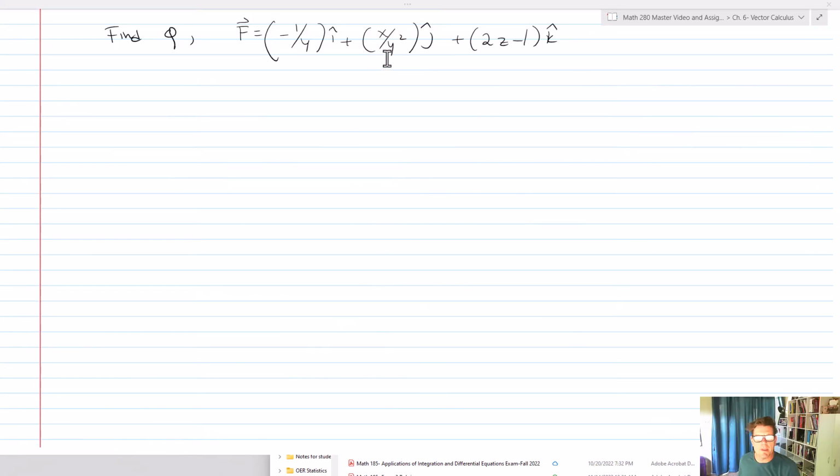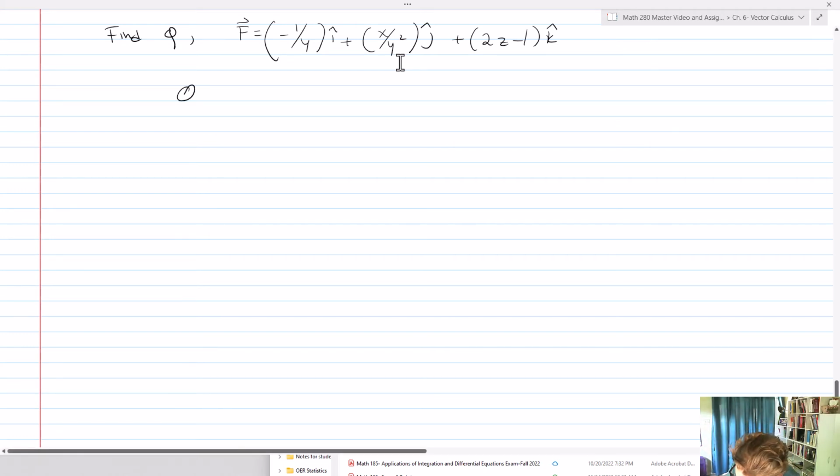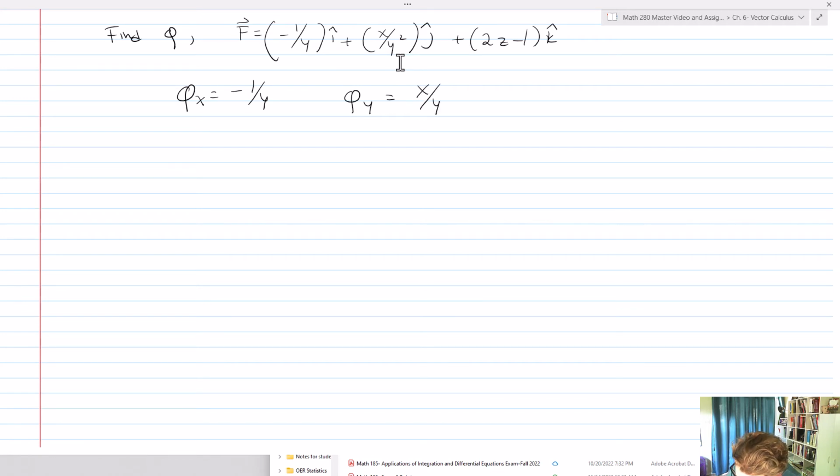Let's go and find our potential function now for this vector field. We already know that it's conservative. We actually proved that this vector field was conservative. So we're going to know that phi of x is going to equal negative 1 over y, phi of y is going to equal x over y squared, and phi of z is going to equal 2z minus 1.